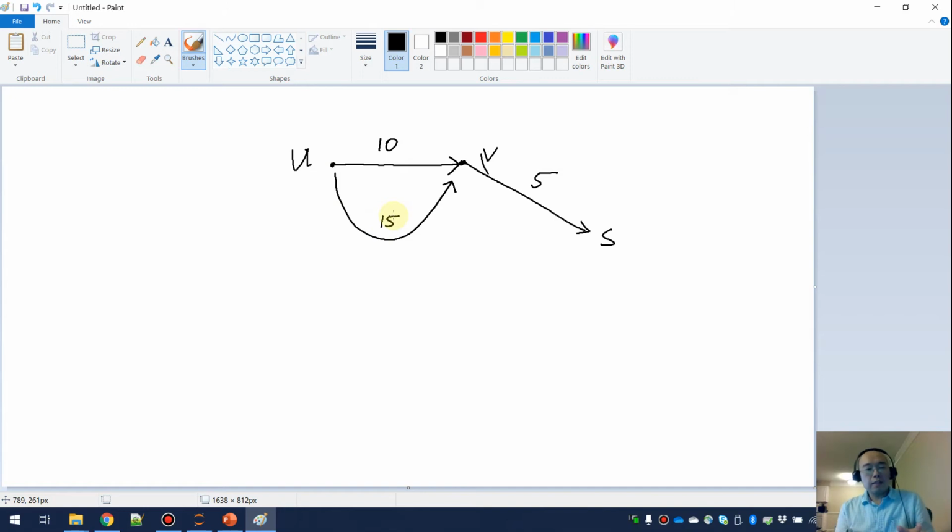So in this case, from U to V, there are two possible paths, right? We can go this way, U to V, and the weight is 10, and if we go this way from U to V, the weight is 15. But from U to V, now we have two possible paths.